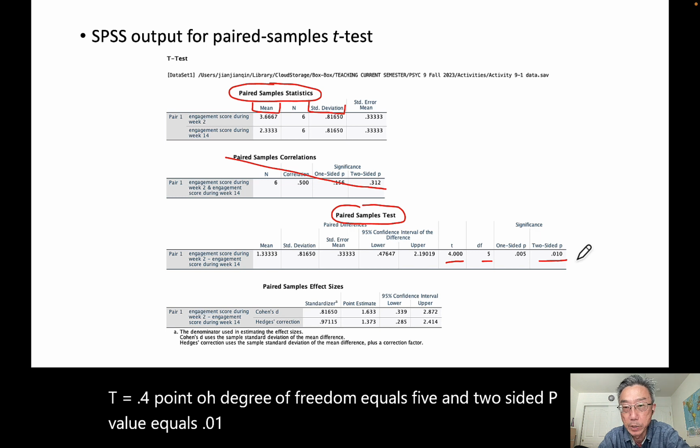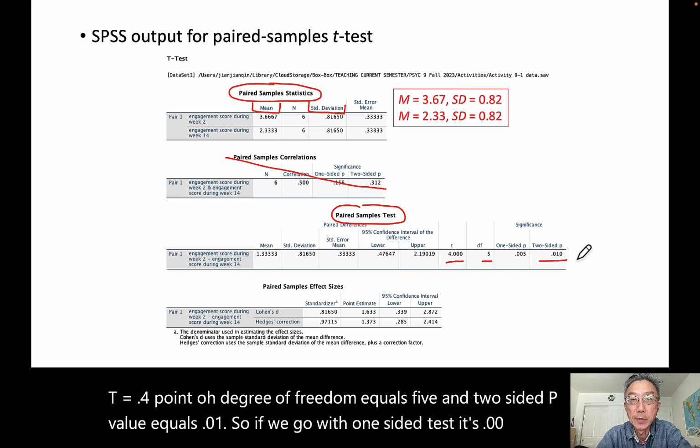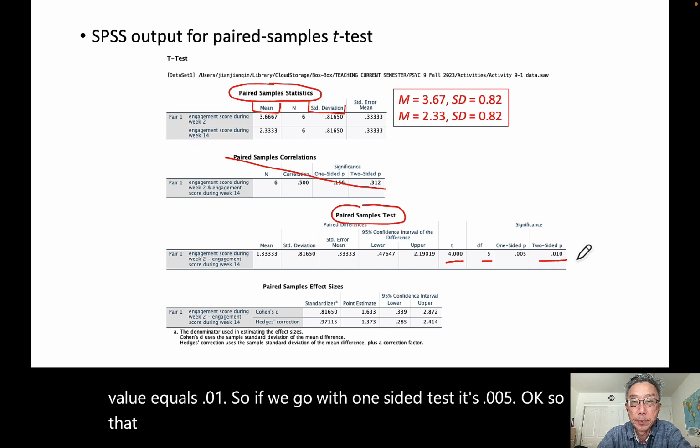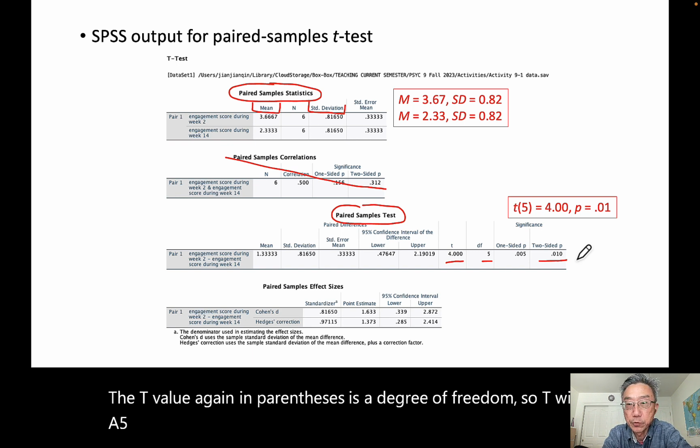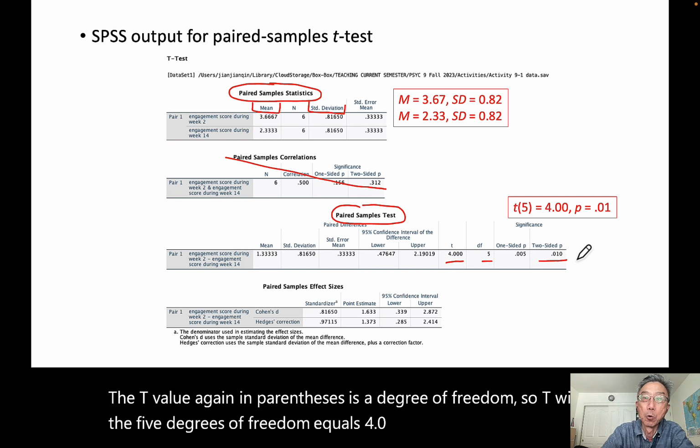If we go with a one-sided test, it's 0.005. The t-value, again, has the degrees of freedom in parentheses. So t with 5 degrees of freedom equals 4.00, p equals 0.01.